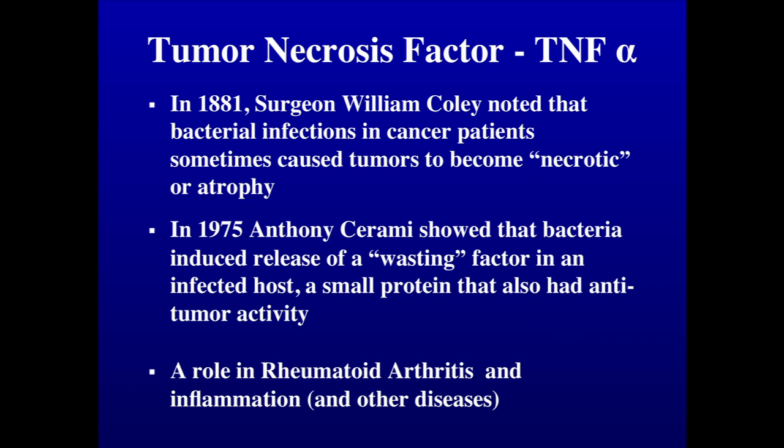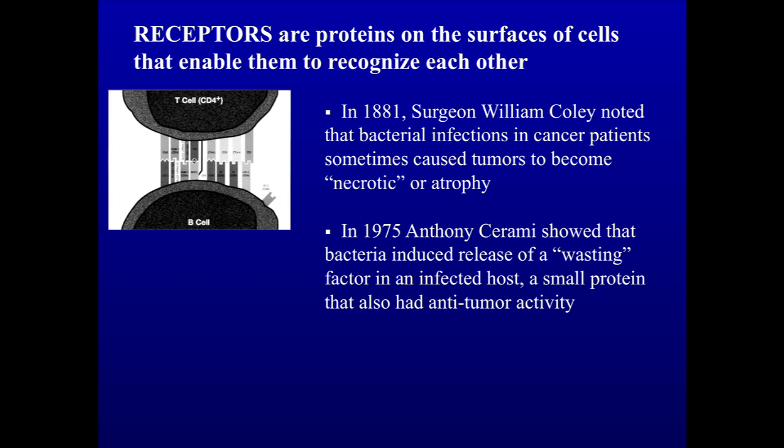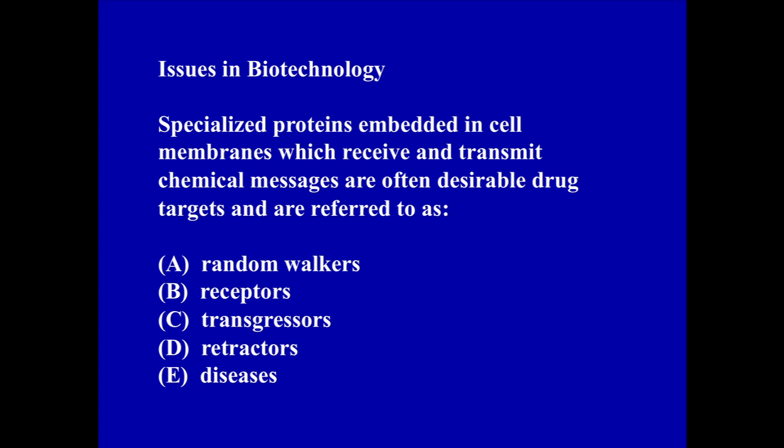TNF was eventually found to be one of the key factors in rheumatoid arthritis, starting with early observations from William Coley through Tony Cerami in the 1970s on tumor formation. And we can recognize that specialized proteins embedded in cell membranes are referred to as receptors, and that these could be involved in recognition of foreign proteins.